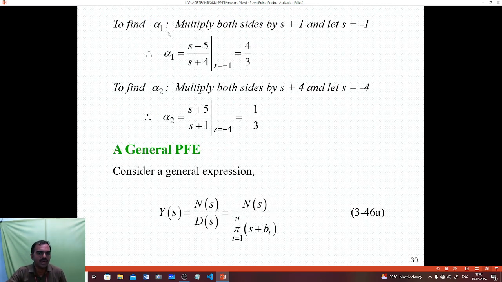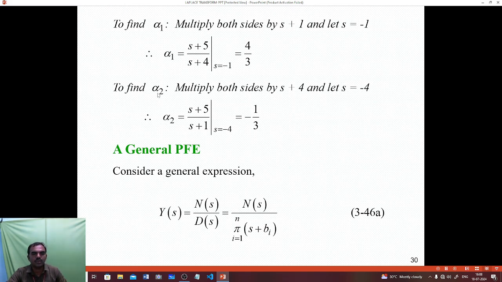To find alpha 1, multiply both sides by s plus 1 and let s equal to minus 1. So alpha 1 equals s plus 5 by s plus 4 with s replaced by minus 1: minus 1 plus 5 is 4, and minus 1 plus 4 is 3. So alpha 1 value is 4 by 3.